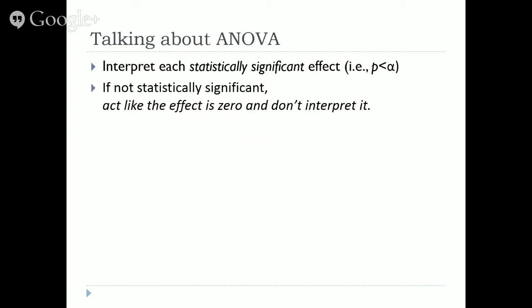So statistically significant, or it didn't happen, right? You act like it's 0. You don't actually say it was 0 because you know it wasn't 0, but you just say there was no significant effect of such and such. And there's a good reason for this, because the result of this test tells us that as far as we're concerned, we have no evidence that it's not 0 in the population.